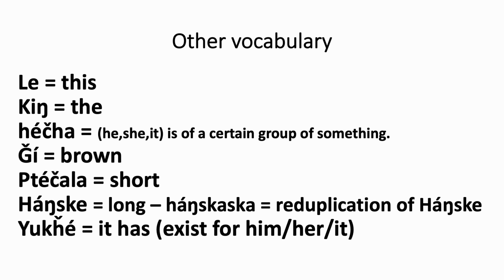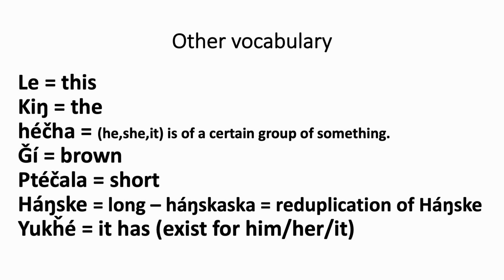Now, when you look this up in the dictionary, it might be haska. That means the e at the end of it, in the dictionary it might be an a, and when we use it in a statement, it changes to an e. So haska becomes hanske, something is long or tall.